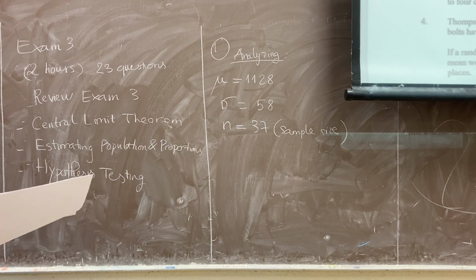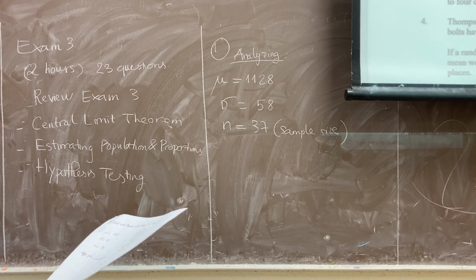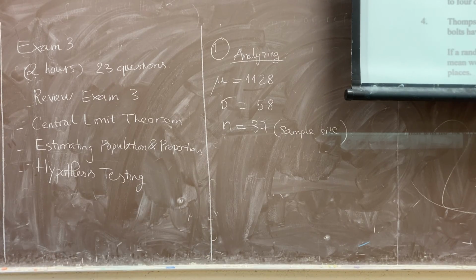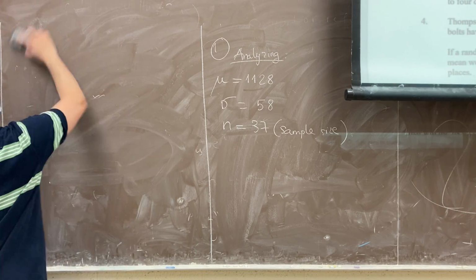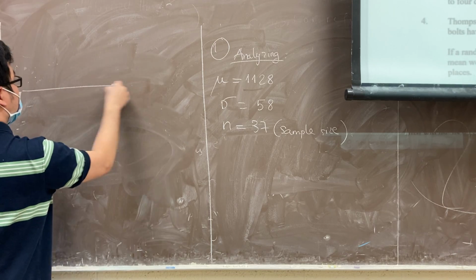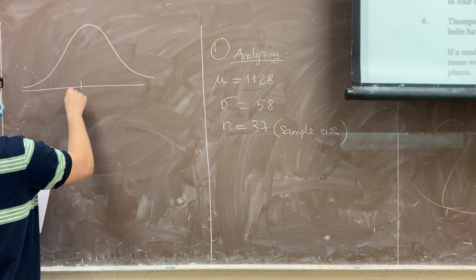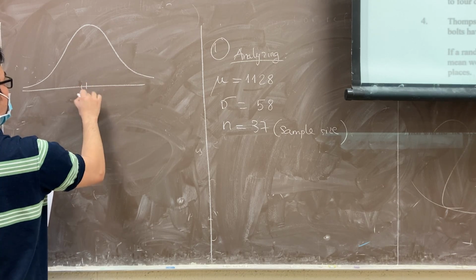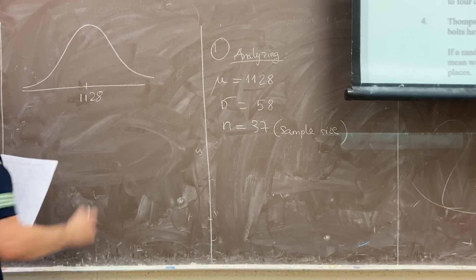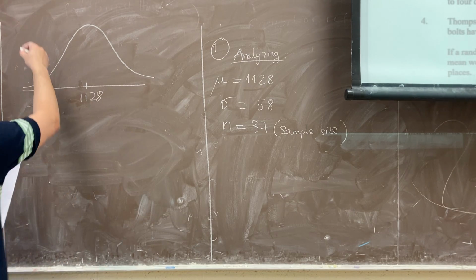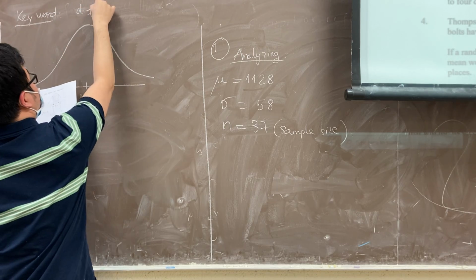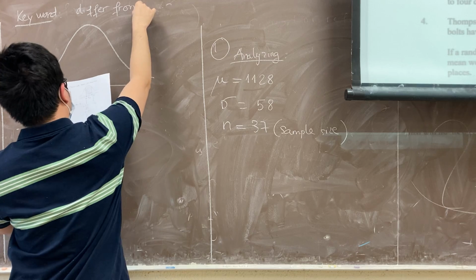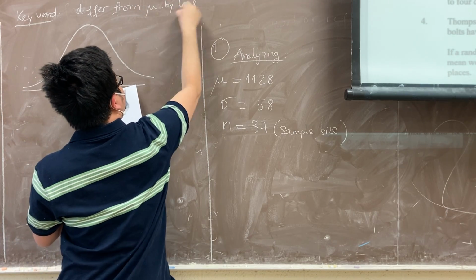The question here is to find the probability that the mean weight of the sample of horses would differ from the population mean by less than 10 pounds. What does it mean? I will draw a picture so it is easy to understand. We have the mean here, 1128. Look at the keyword: they want to find the probability that it differs from mu by less than 10.